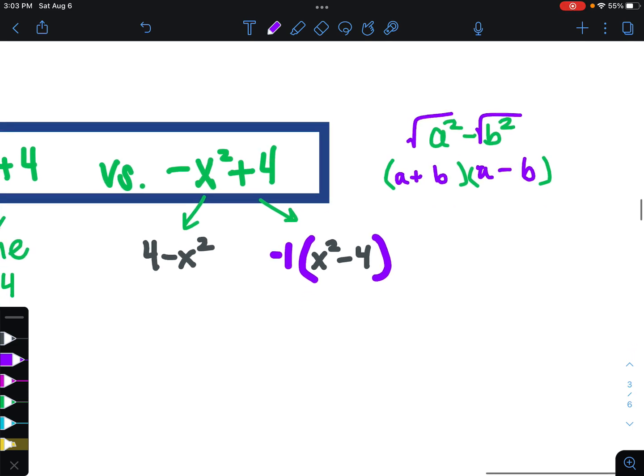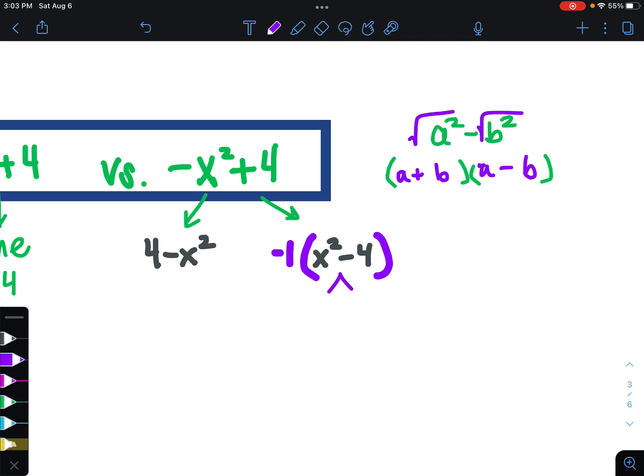So if we apply that here, our factors would be x plus 2 and x minus 2, of course, because the square root of 4 is 2, and then don't forget your GCF out in front. And so this would be the factored form.